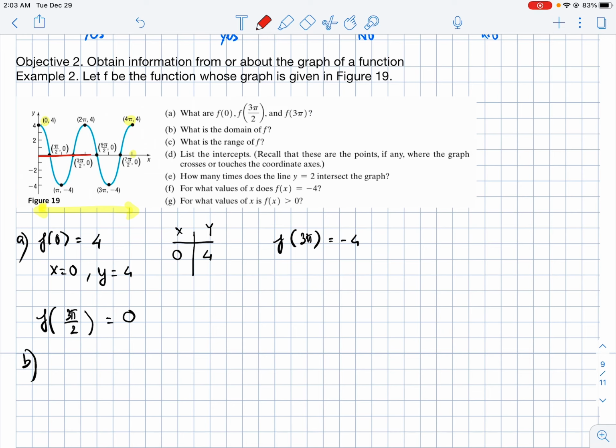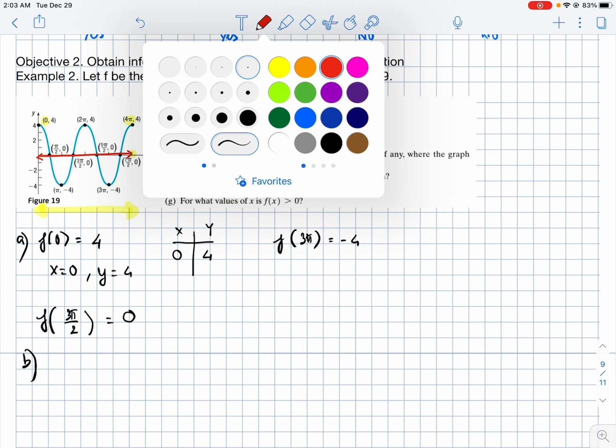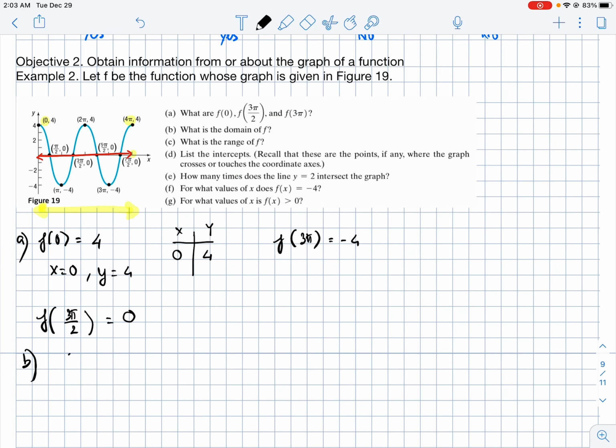Right here is 4 pi, this point. So we look at this segment right here. We have x from 0 to 4 pi. The domain is from 0, including 0 and 4 pi.